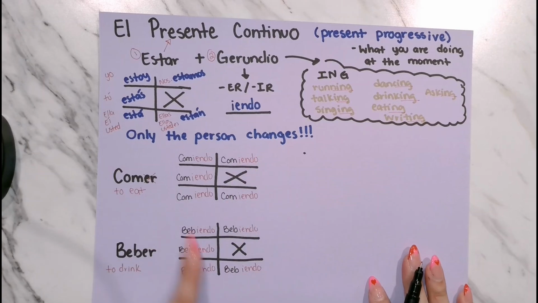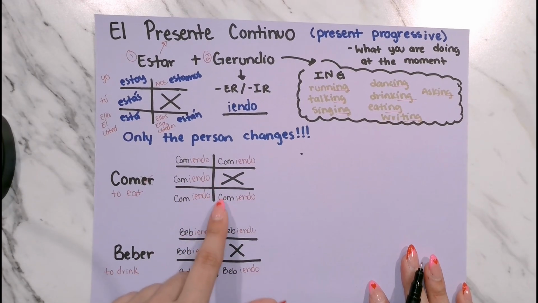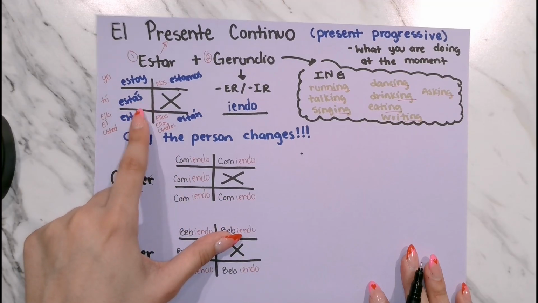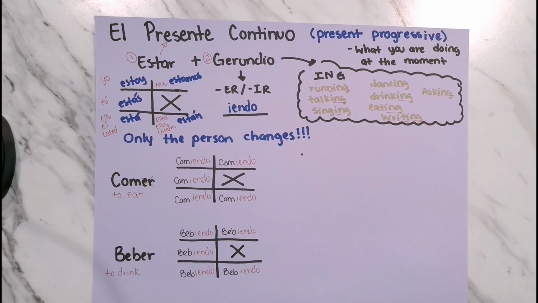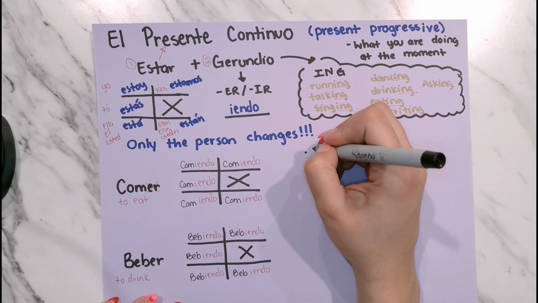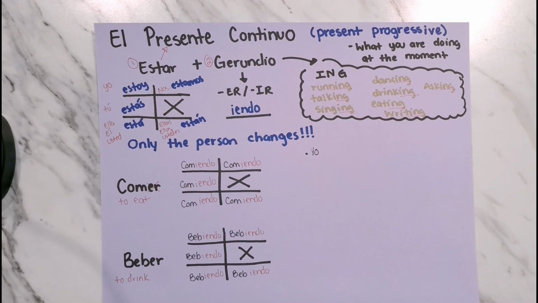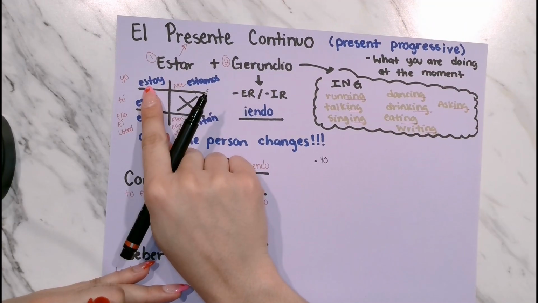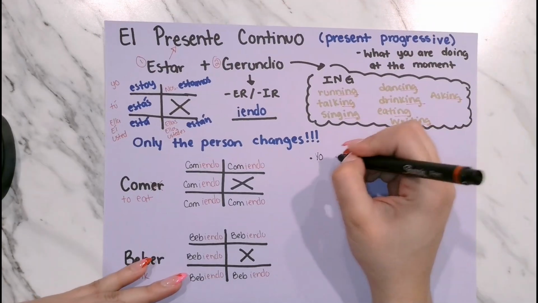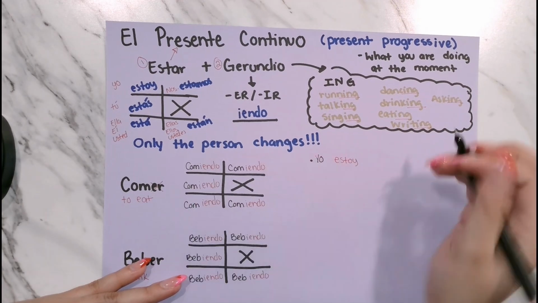Okay? When it comes to the verb, what you are doing, it is not going to change. The only thing that changes is who is doing it. Okay? So we have the first one. Let's say yo. Okay? Yo, we're going to look at the estar form, which is estoy comiendo.